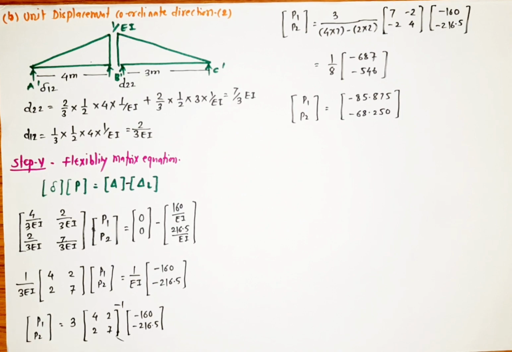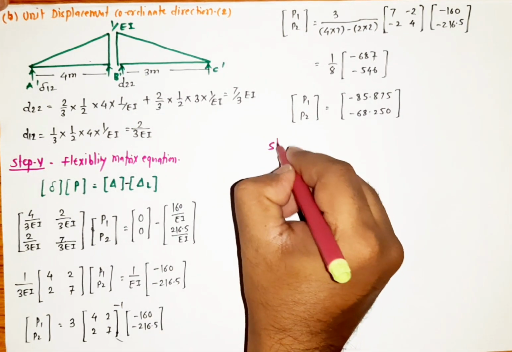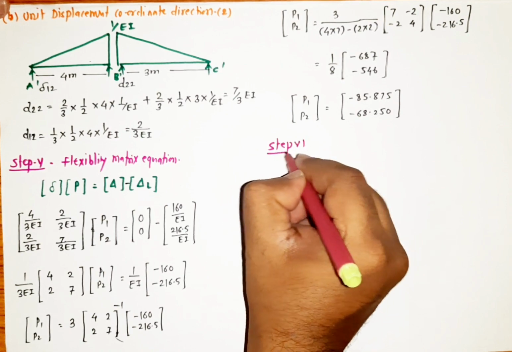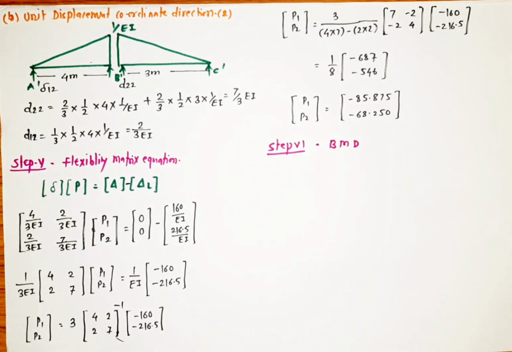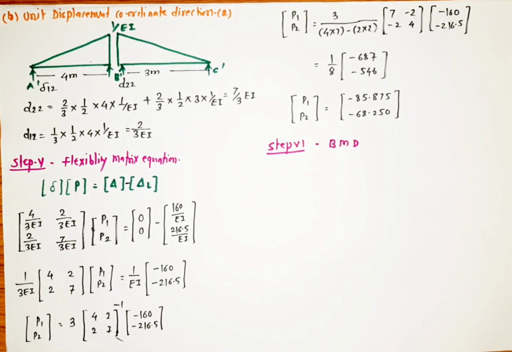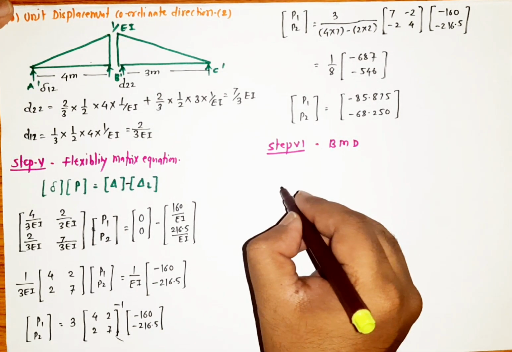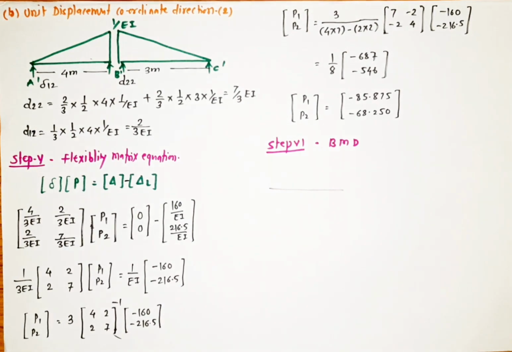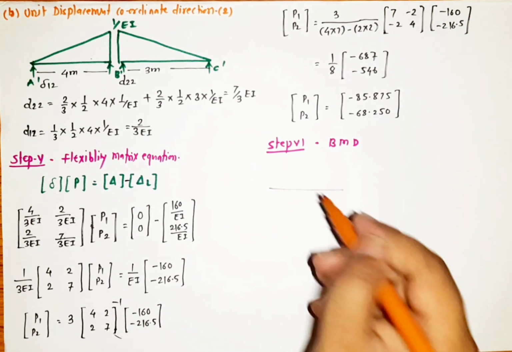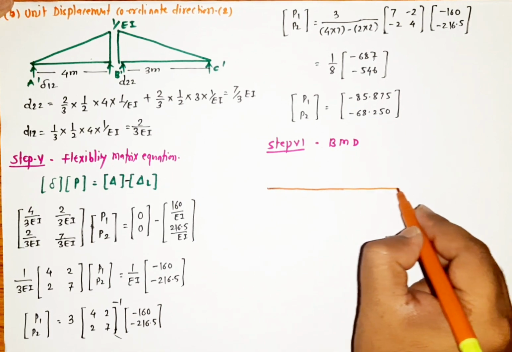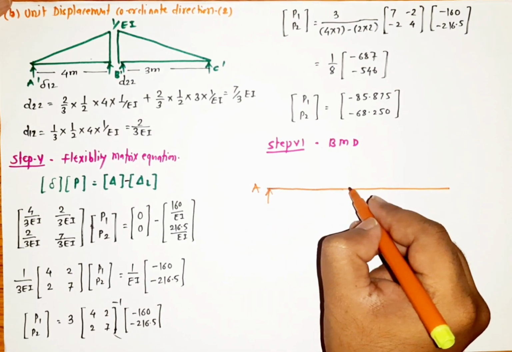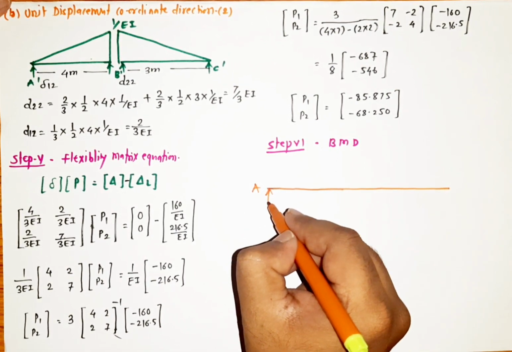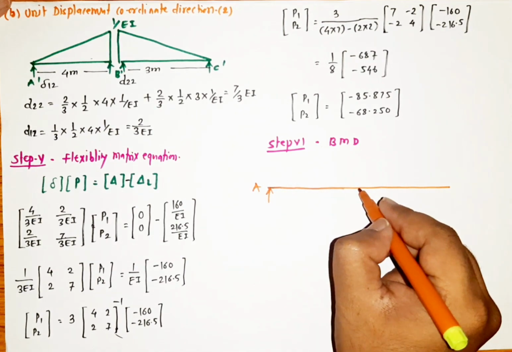And the last step is step number 6, which is the bending moment diagram. We want to calculate the bending moment diagram for this particular given beam. So this can be drawn as our span, this is span A, and we gave a coordinate direction 1 for this particular beam.